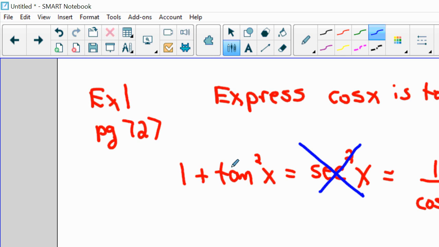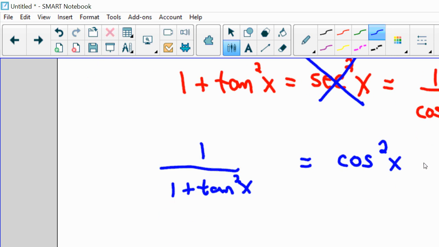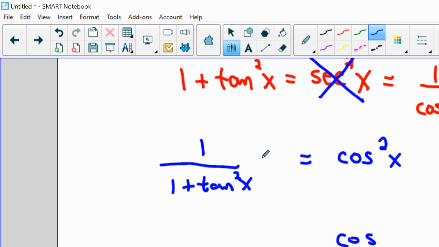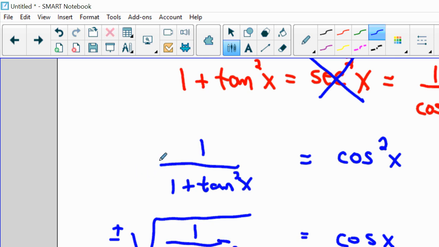So reciprocate both sides, and you get cosine x equals plus or minus the square root of 1 plus tangent squared x. And then we're done. I was able to relate cosine to tangent. That's all I want.